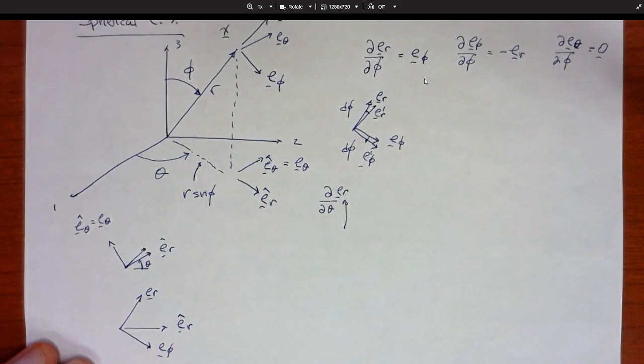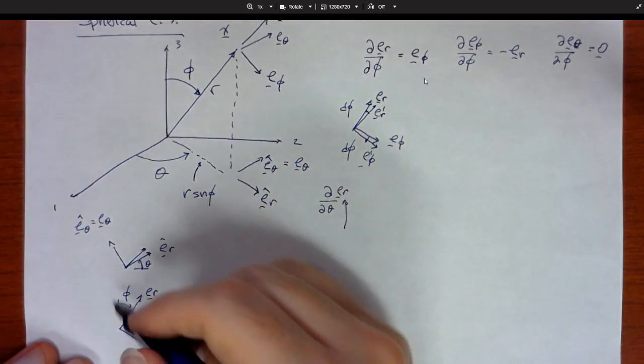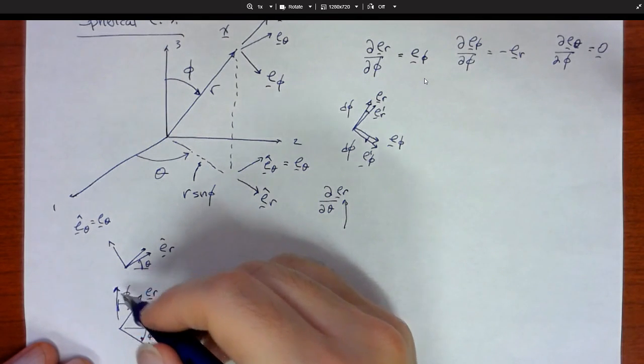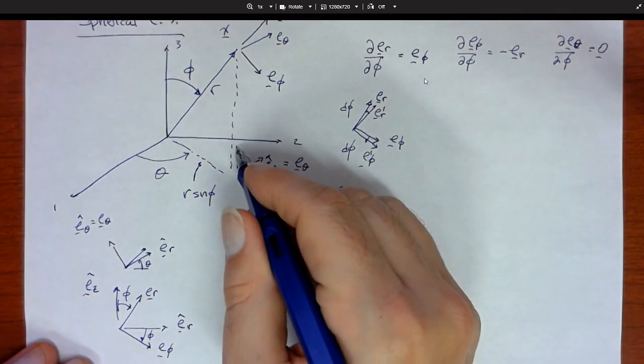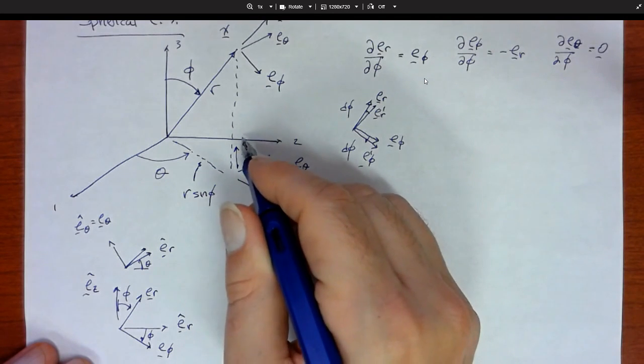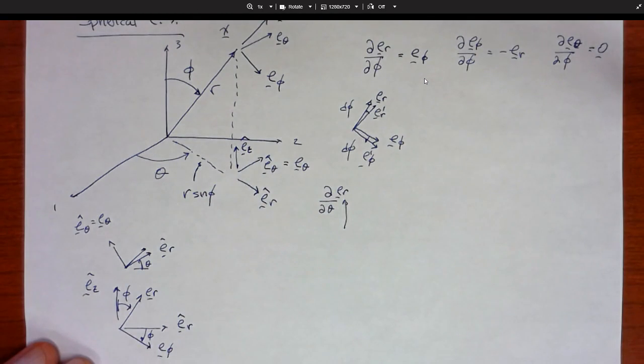That's ER hat, where this angle is phi, and likewise this angle is phi. So that allows me to write ER in terms of its friend going up here, EZ hat. So let's draw it up here, EZ hat. That's sort of the unused cylindrical coordinate system, okay?